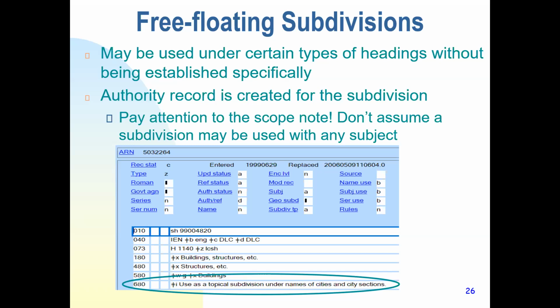Okay, so just watch those scope notes to make sure that they can be used where you want to use them. That's the main lesson with this slide right here.